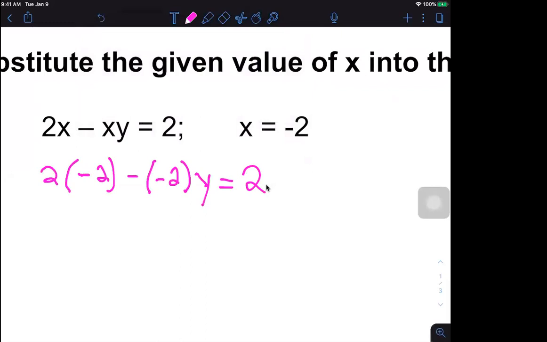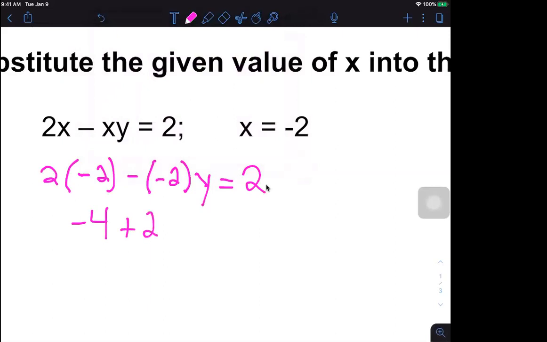Josh, can you work left to right and get us our answer here? So if we get 2 times -2, what do we get? -4. Awesome. Now if you look, we have a negative times a negative. What do we get here? A +2. Good.